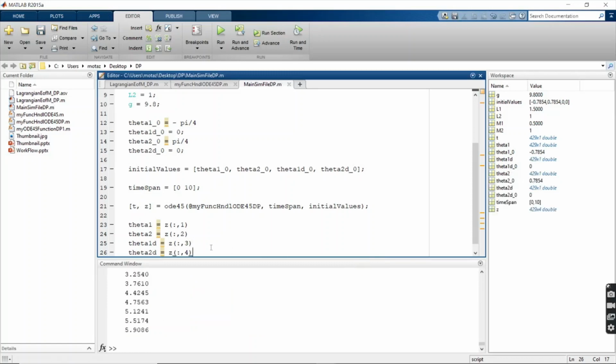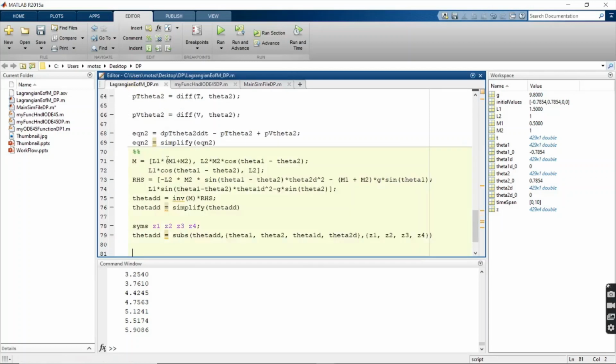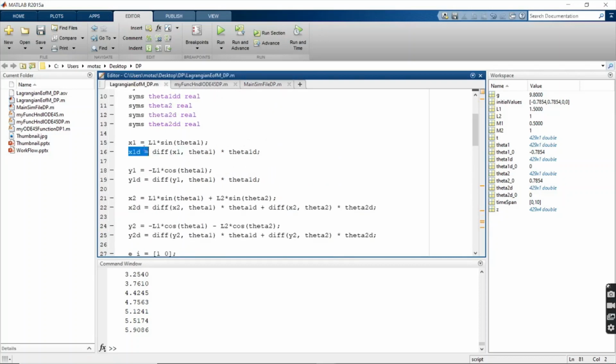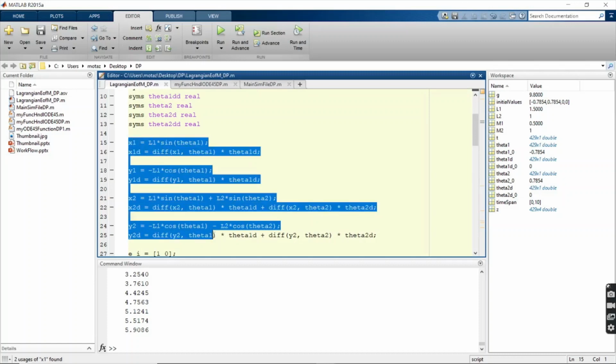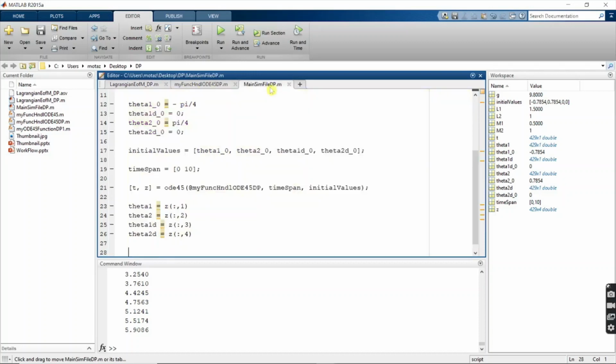Now we can get x and y. We can directly copy from our initial function here. We just need x1 and y1 and x2 and y2.